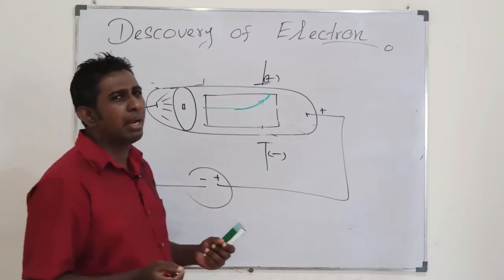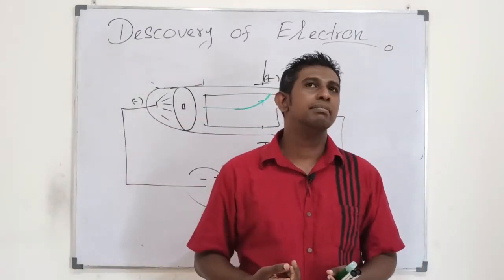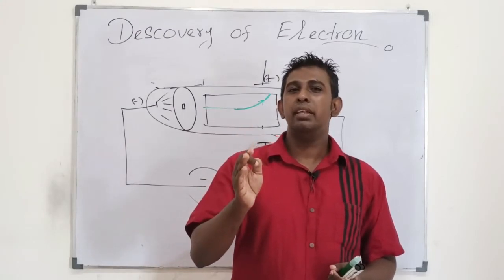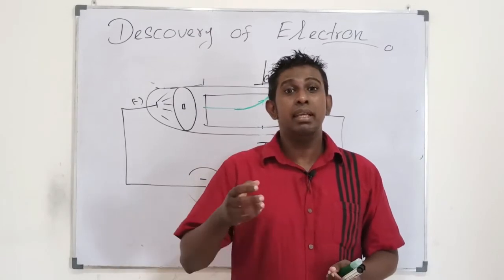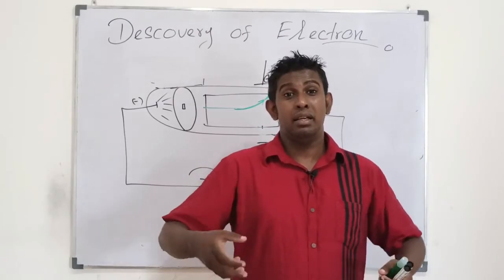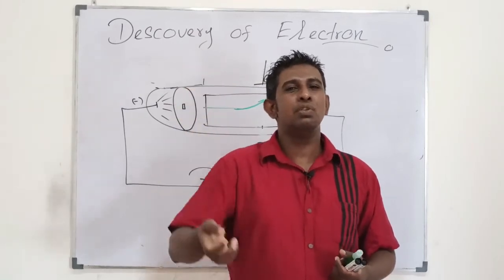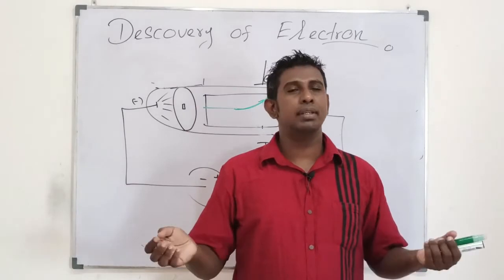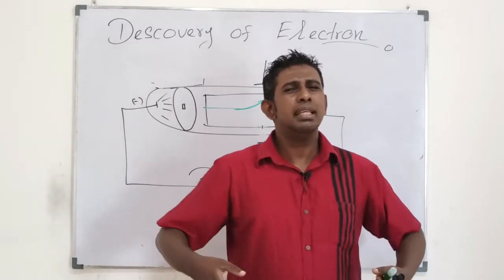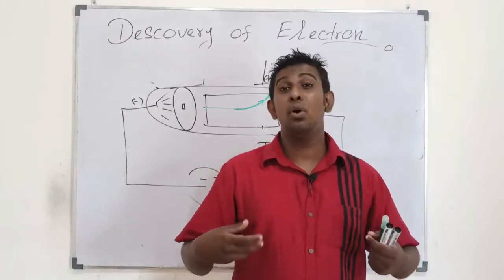Then students, what he got in his mind next was to check whether the cathode ray consists of particles or not. Whether these cathode rays could exert an unbalanced force on an object or not. So, whether these cathode rays have particles with momentum or not.